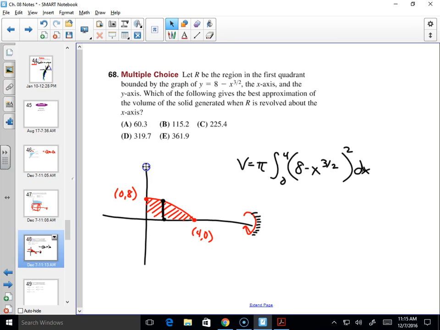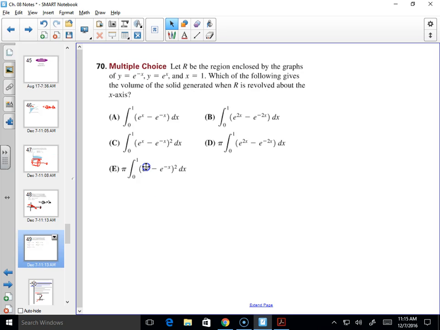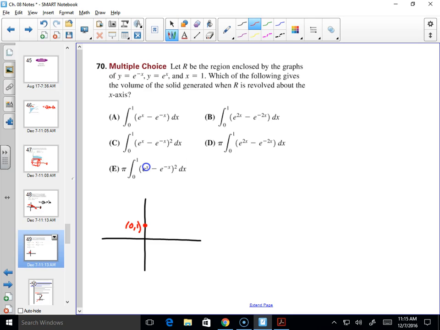Does that make sense? Yeah. And then on number 70. That's a little fun. So we have e to the negative x, that's a horizontal flip, right? It's going through 0, 1.